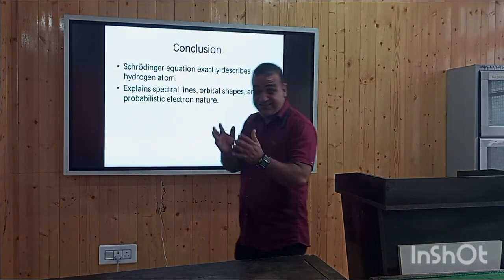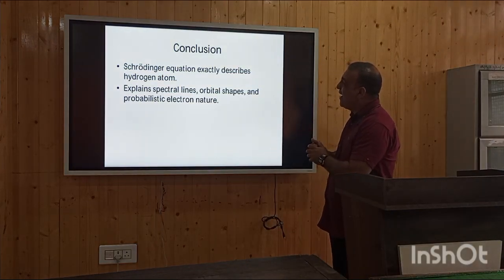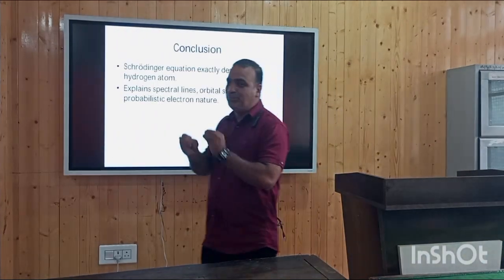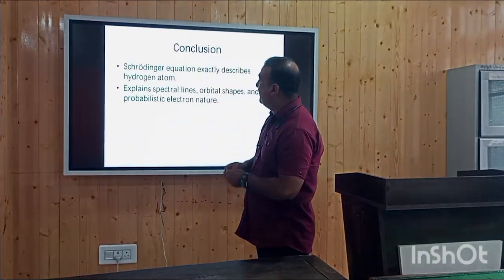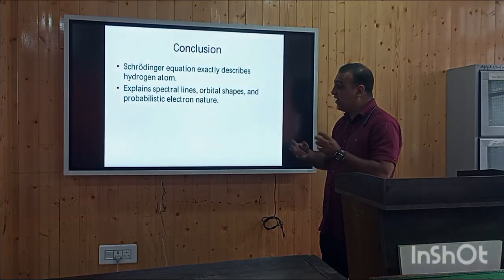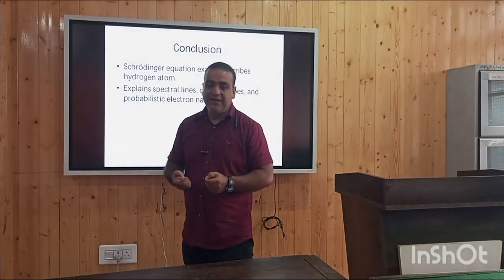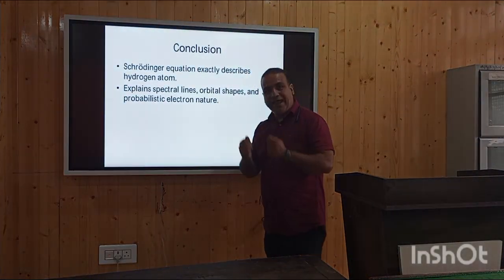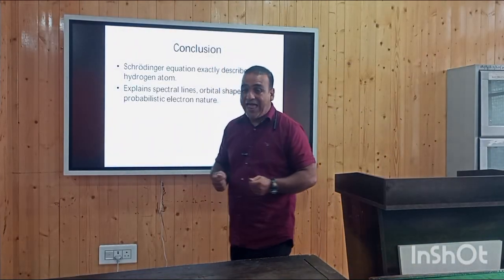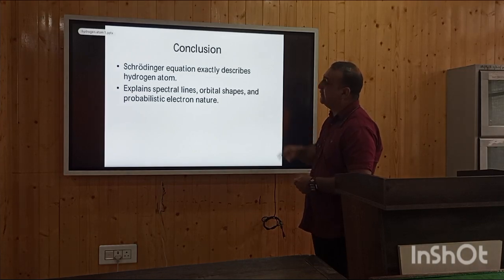So to conclude this discussion on the results of the hydrogen atom, Schrodinger's equation exactly describes the hydrogen atom. This is the beauty of this problem. And the next thing is that it explains the spectral lines, the shapes of the orbitals and the probabilistic nature of electrons. It tells us why you can have the maximum probability to find an electron and why you will have a minimum probability to find the electron.